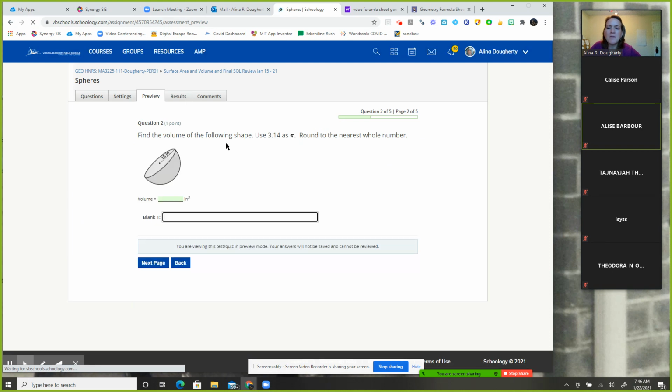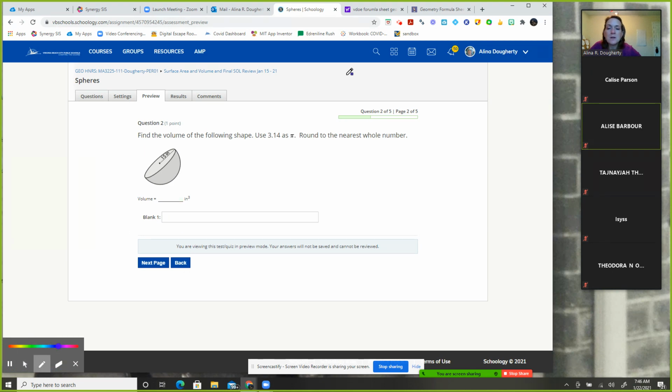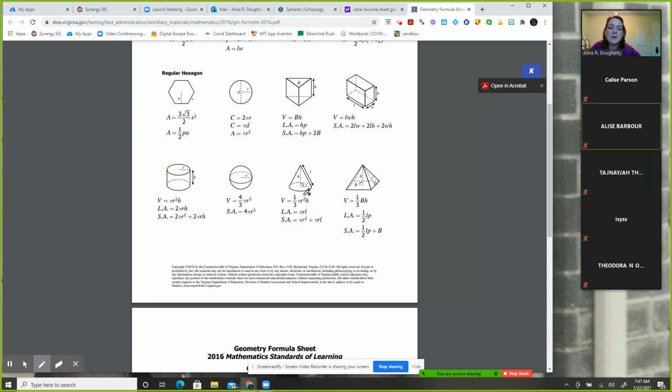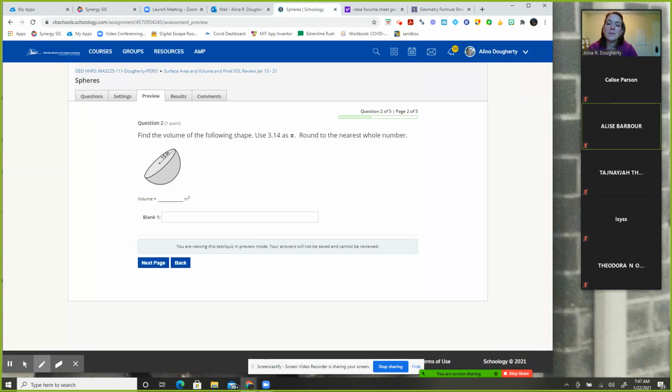Find the volume of the following shape. So this is half a sphere. So we're going to use the sphere formula, but we're going to divide it in half because it's a hemisphere. Sometimes I don't remember these. Volume is 4/3 pi r cubed, and we're going to use 3.14. So 4/3 pi and then 15 cubed.